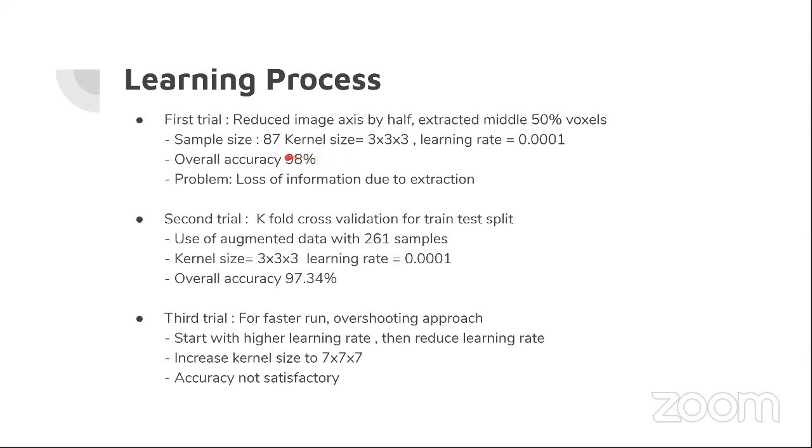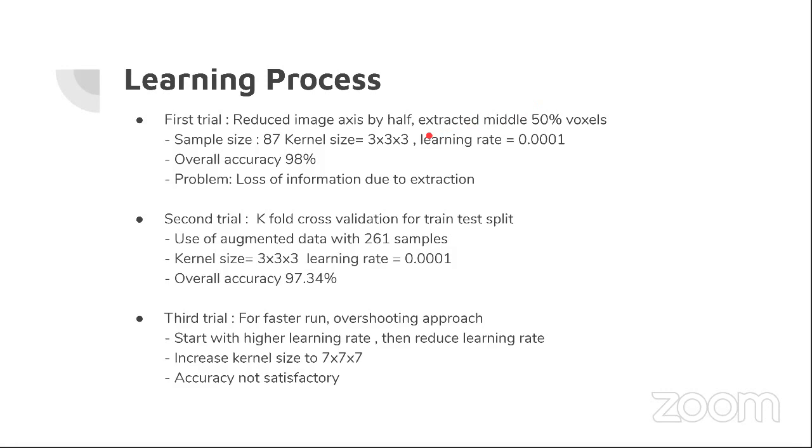Overall accuracy was 98%, but the base accuracy is 97%, that is, 97% of the pixels do not contain any ventricles. So the performance of this model was not satisfactory. Also, we might have lost some information due to the downsampling.